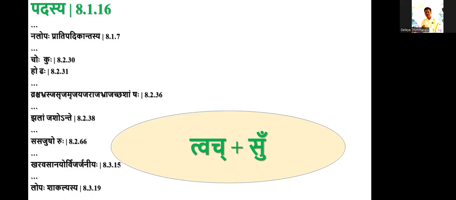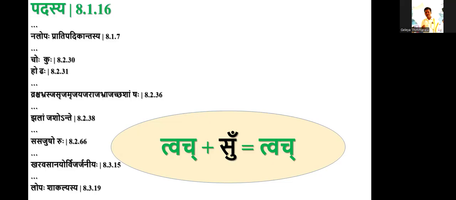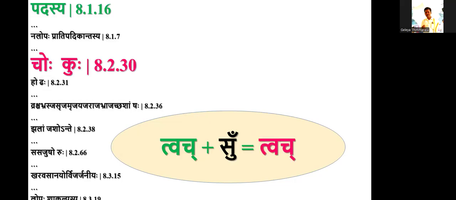Next, let us take this example. Twach plus Su. Here we know that sulopa will be there because it is an alanta word tvach. We have tvach. At this stage we have this sutra Choh Kuh, 8.2.30. By this sutra, the chavargiya vyanjana present at the end of a pada are converted into the respective kavargiya vyanjana.